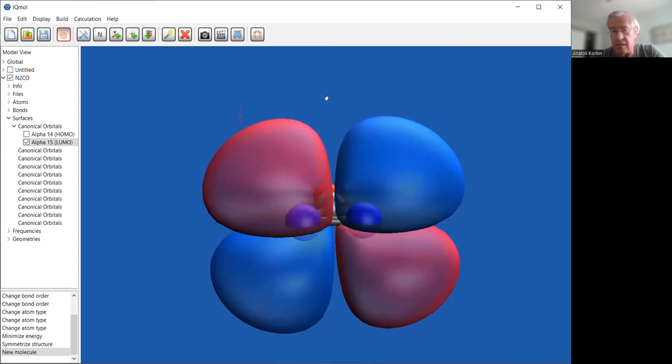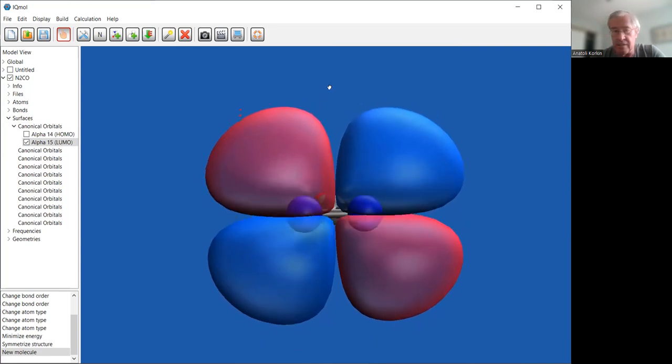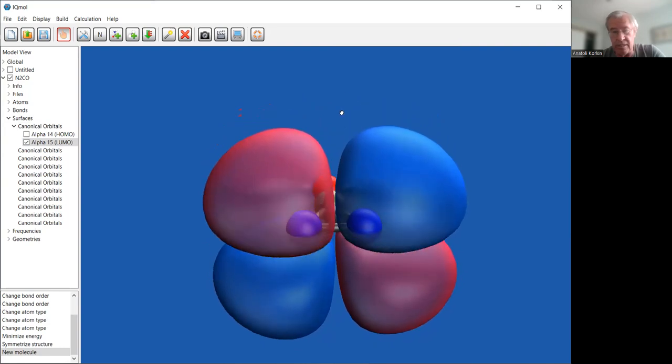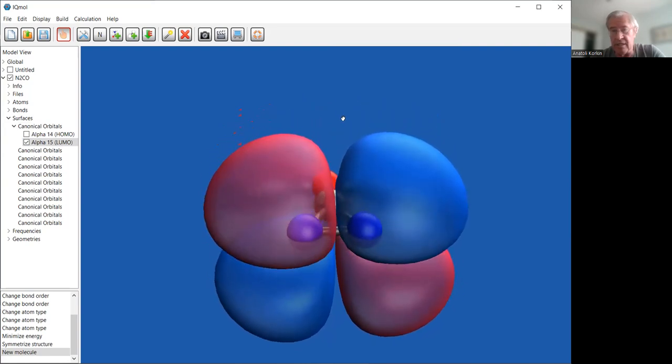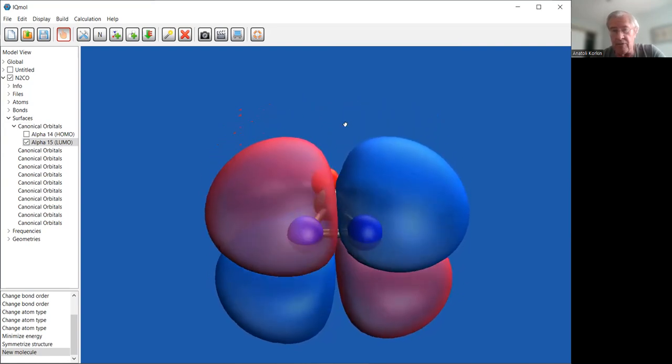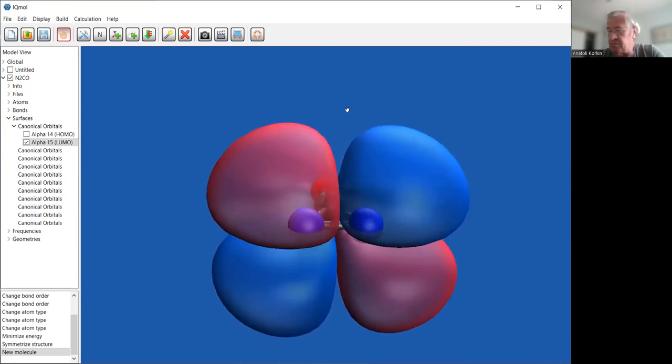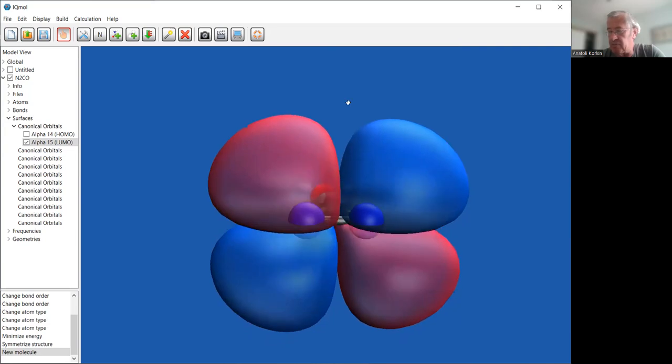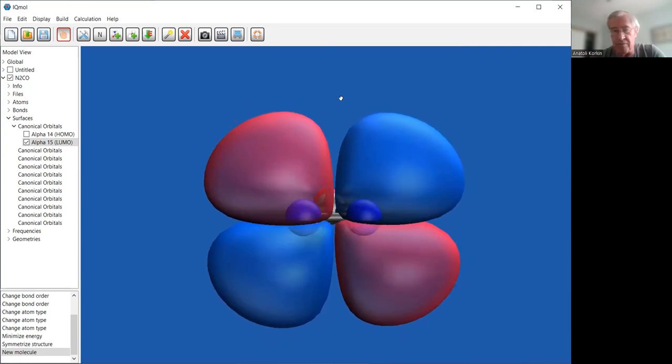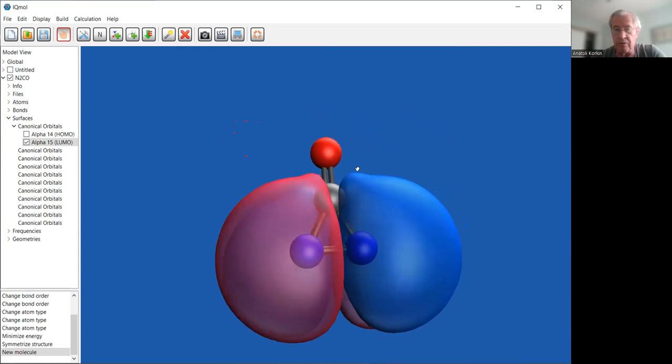Since, if it's rotated along the C2 axis, the sign would remain, that means it is B2 type of orbital.